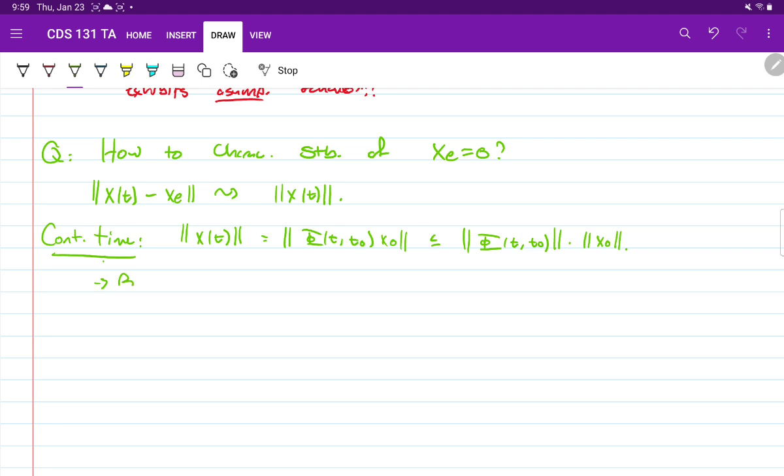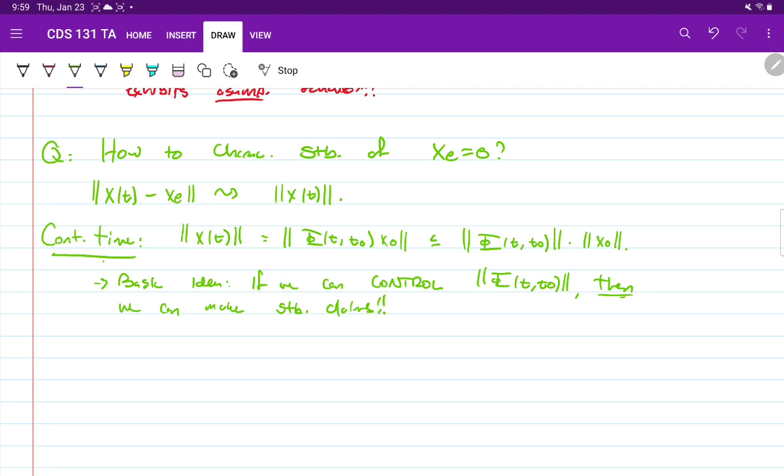So then the basic idea is, if we can control the size of the norm of phi of t, t naught, then we can make stability claims, okay? And this is because all we're trying to do is control the norm of x of t, right?